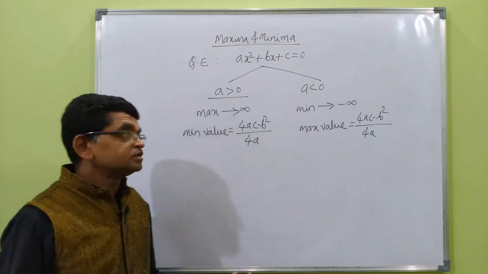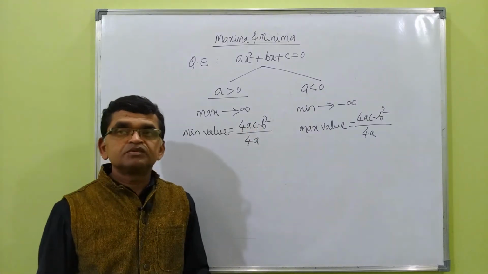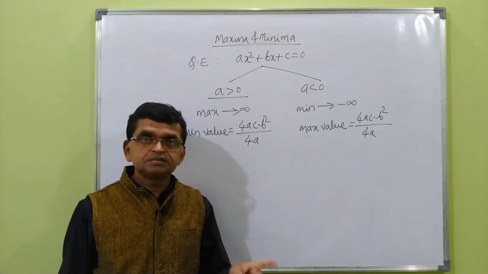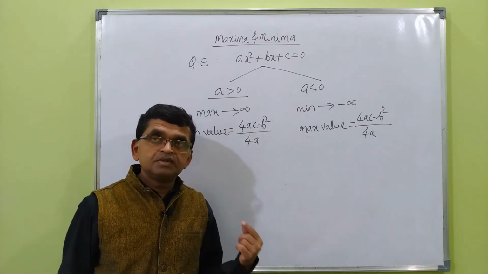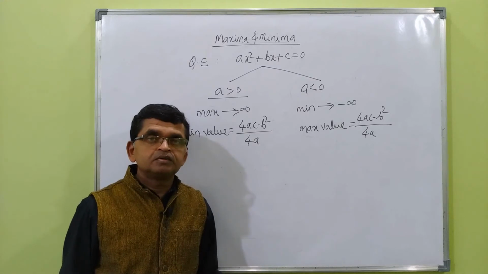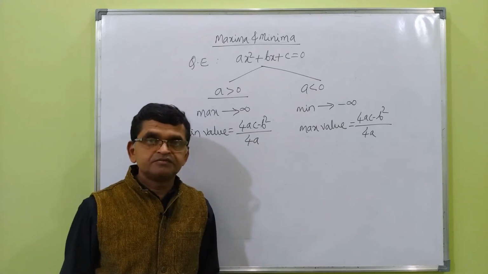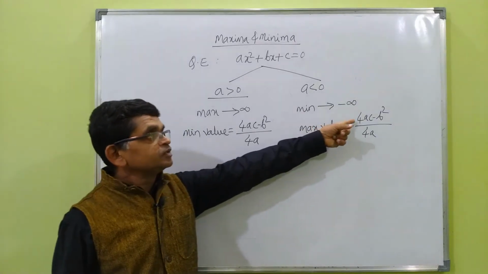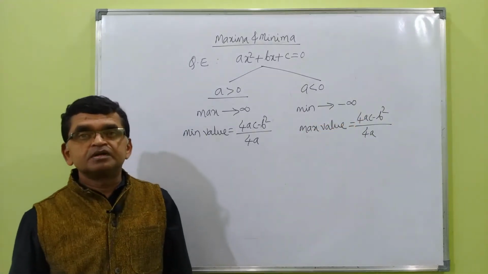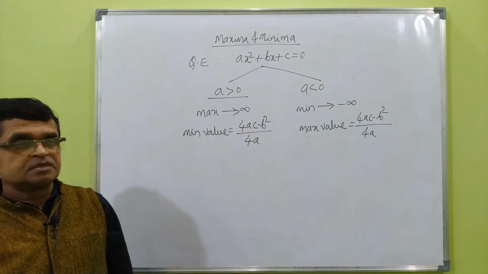Minimum value is given by 4ac minus b square by 4a. If a is negative, minimum value will be minus infinity, and maximum value will be 4ac minus b square by 4a. You got it?